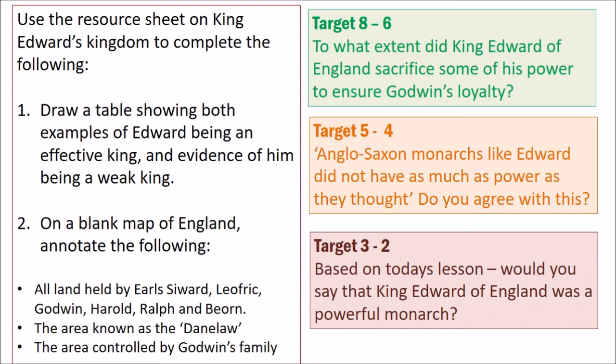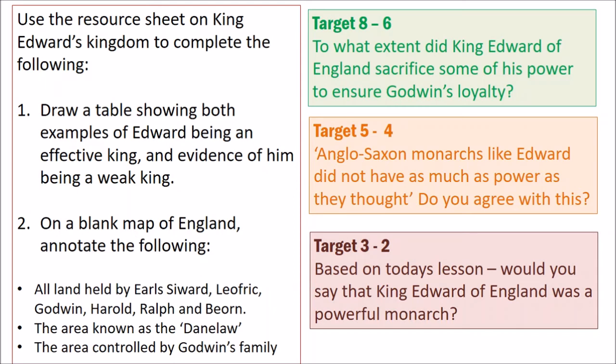He also has to appoint the Archbishop of, it's either York or Canterbury, off the top of my head, I cannot remember that one. He is forced to appoint one of the archbishops that Godwin wants, not who Edward wants, in the church within England. So perhaps Edward was a little bit of a pushover because his earls were effectively forcing his hand on matters like that.